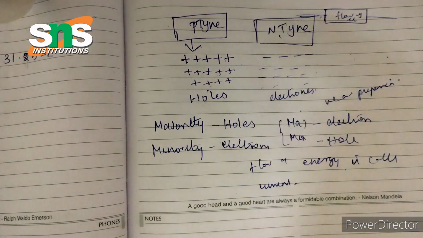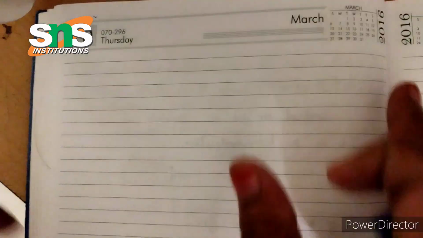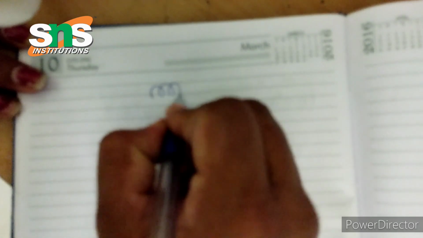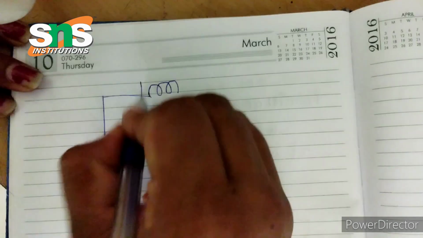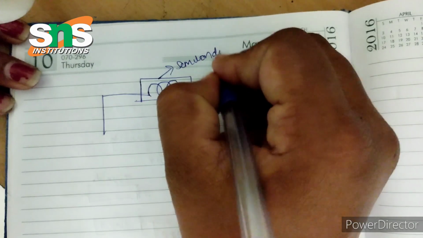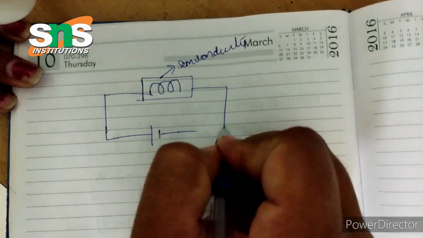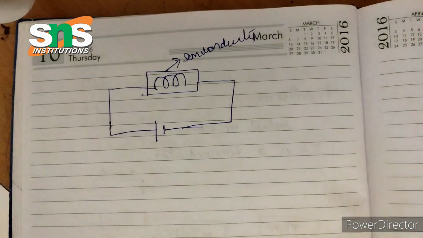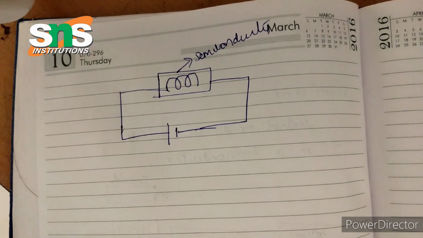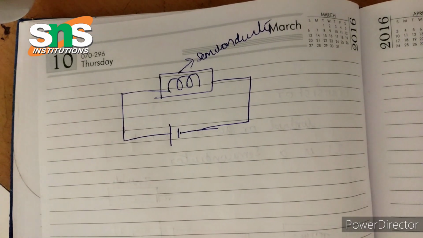Let me ask you a basic question. I'm taking this as a semiconductor, and I'm giving some power supply to it. What will happen? If I give some voltage to an ordinary bulb, it should start blinking, or light should come from the bulb.